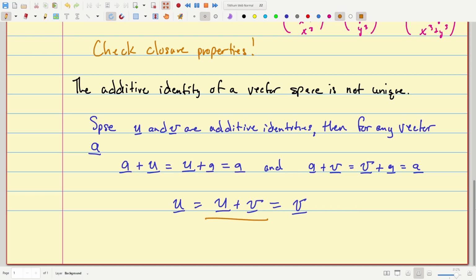I'm using the property of U being an identity on the left and V being identity on the right to show that U has to be V. Okie dokie.